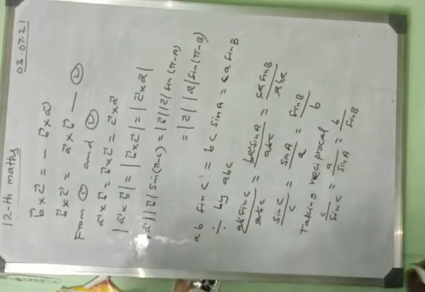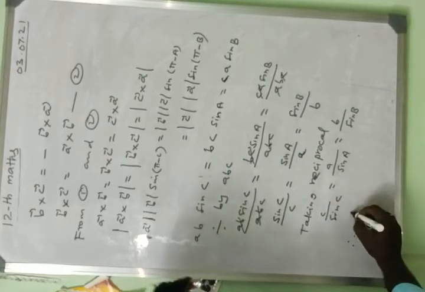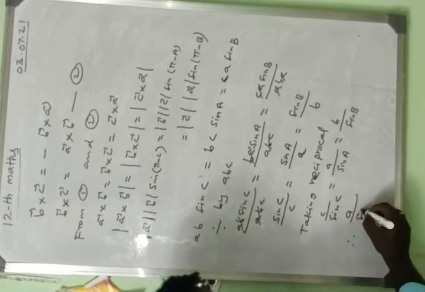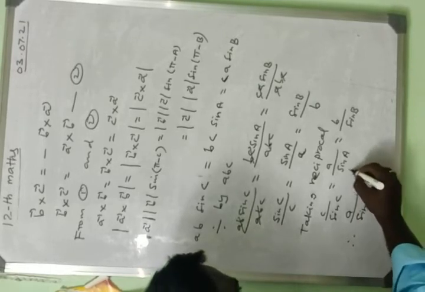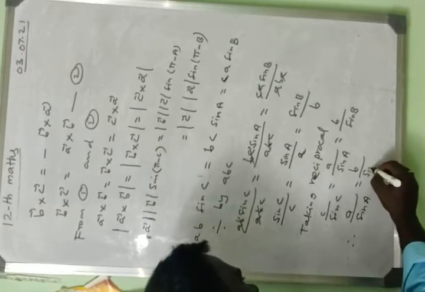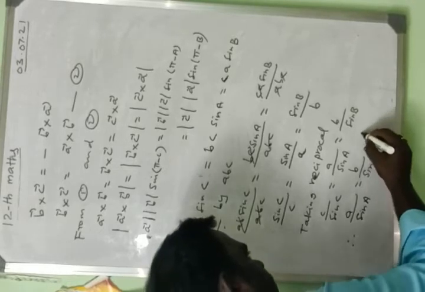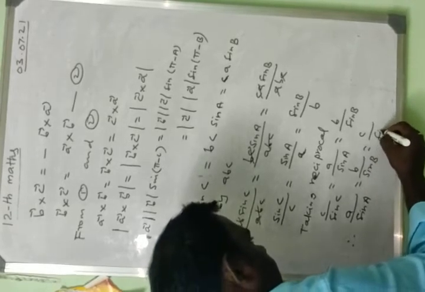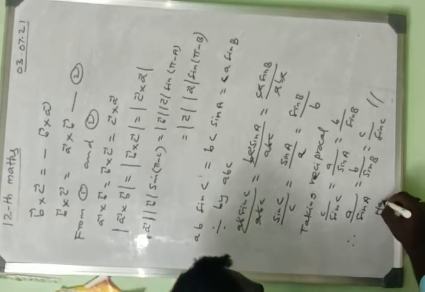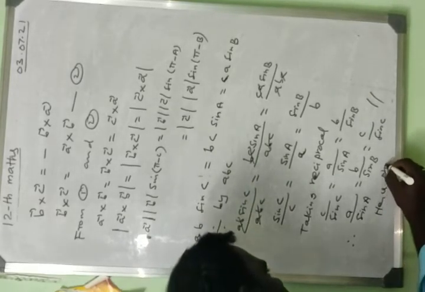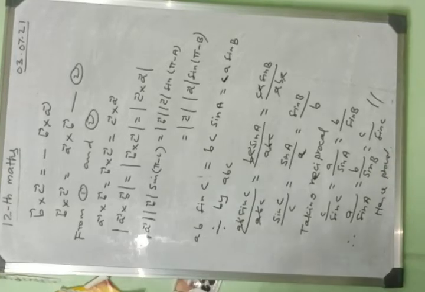Right. Finally, you can write it in alphabetical order. So first we take A divided by sin A equals B divided by sin B equals C divided by sin C, like this. That's all. Hence proved. Very simple one.